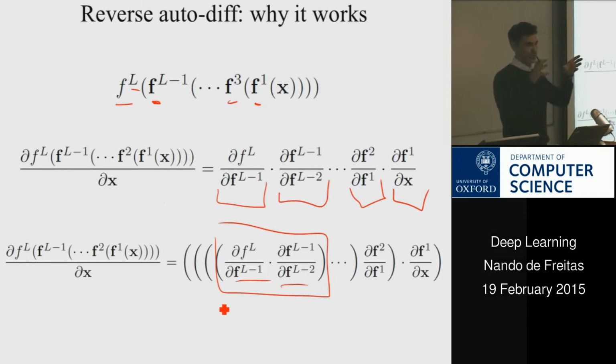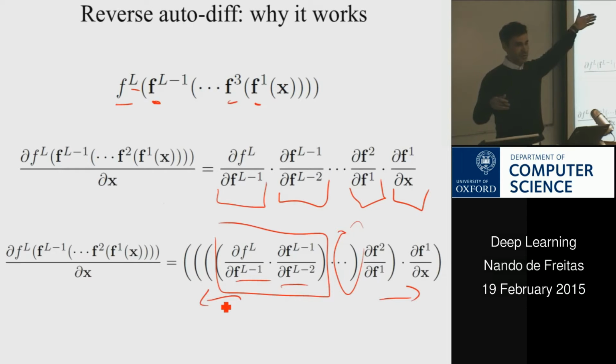So I compute my two terms in backprop, and once I've computed that, then I proceed to take this guy here, and I compute the next product, and so on, and I keep going until I'm done, and I return the answer, the derivative of the output of the network, of the loss, with respect to the input. Now, which one is more efficient and why?